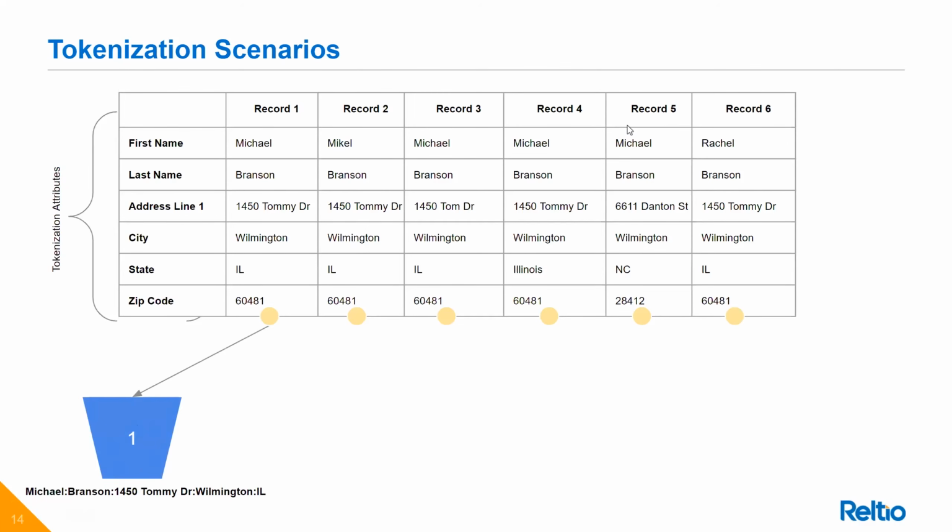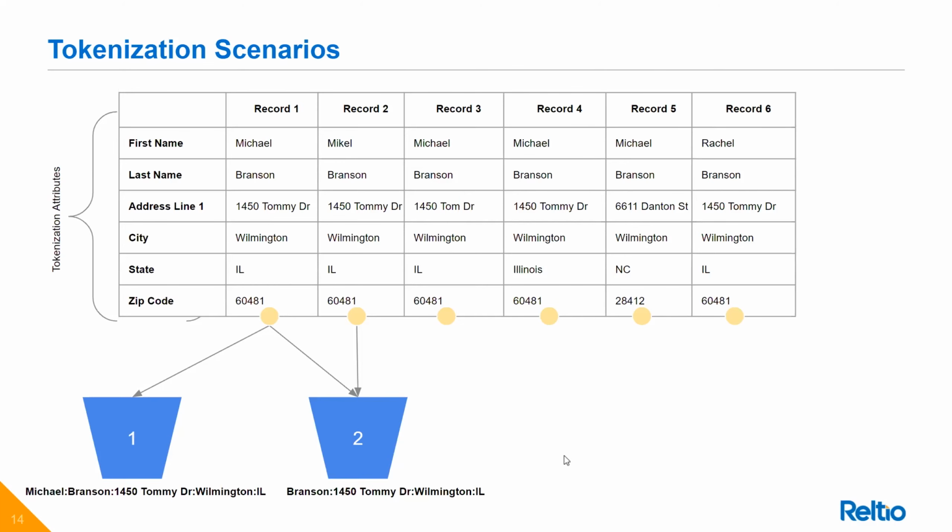So what do you do? The simple approach would be to just ignore the first name while creating the tokenization. So now you have a Branson bucket with 145 Tommy. Now you manage to get these 2 records in the same bucket so that you can match them, right? But you still have the 3rd record, which is left out because the address line is slightly different.